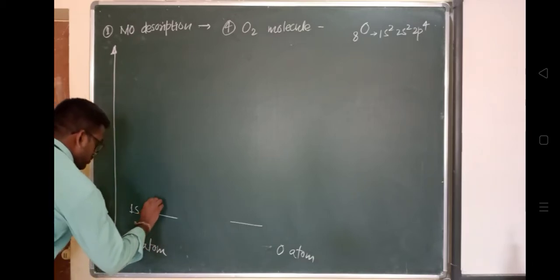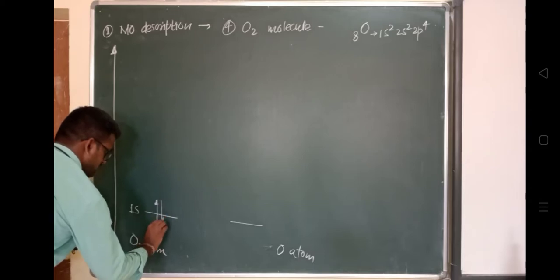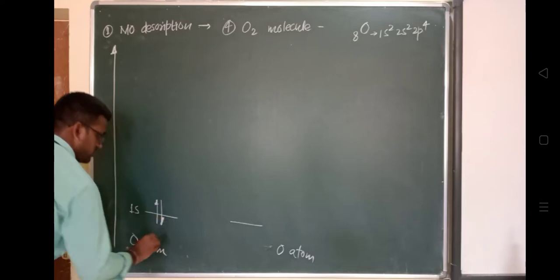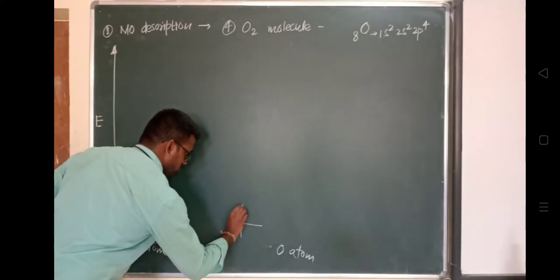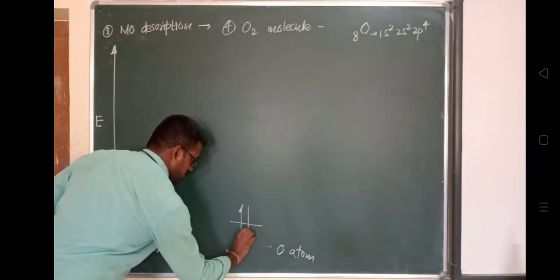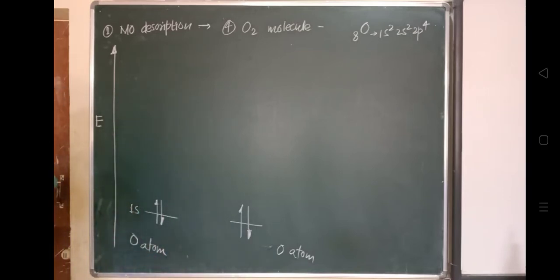So this is the 1s configuration. Two electrons are present here in this oxygen atom, and two in the other.